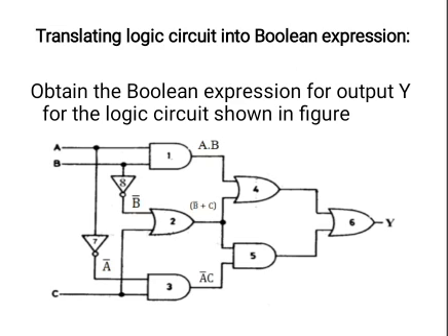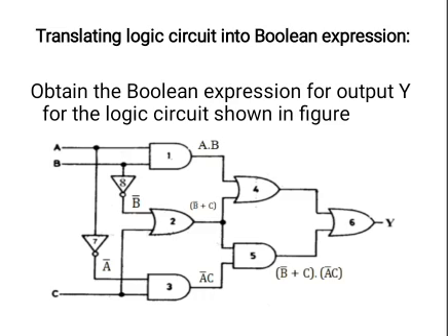So next, observe the fifth gate. The fifth gate is the AND gate. The first input is B complement plus C. The second input is A complement C. The output of the fifth gate is B complement plus C into A complement into C. So next, observe the fourth gate.